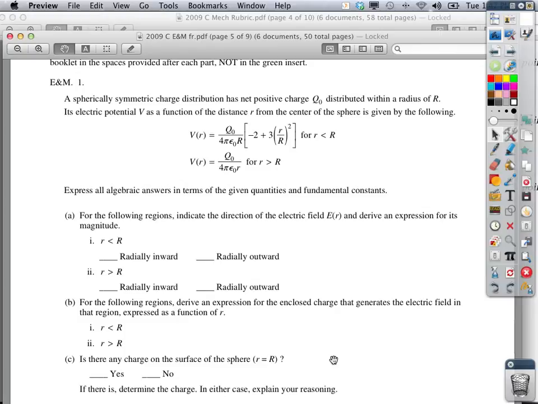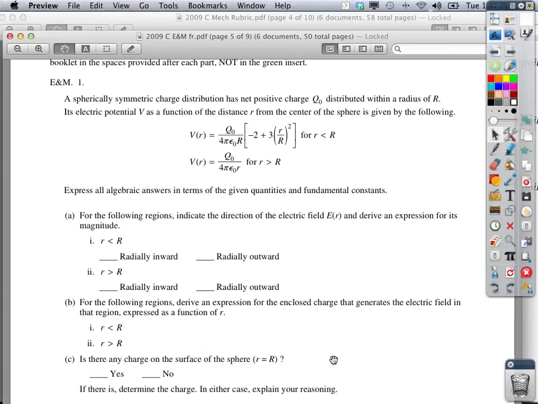If I plug in 0, what do I get? I get negative 2 times this gibberish. So that shows me that the electric potential at the center, at R equals 0, is negative. So I have some negative voltage at the center. And because it's some negative number, that forces me to say the center of my sphere is negative. That means the electric field points inward.